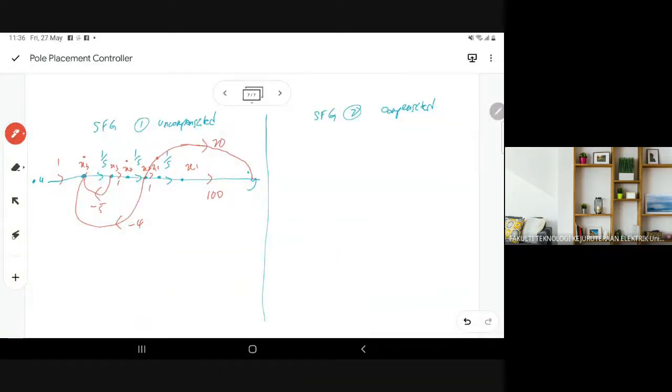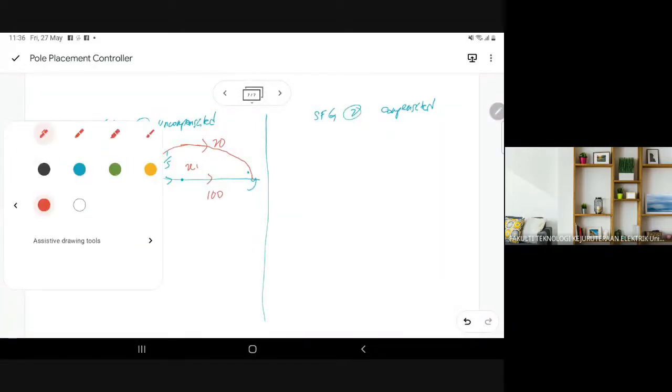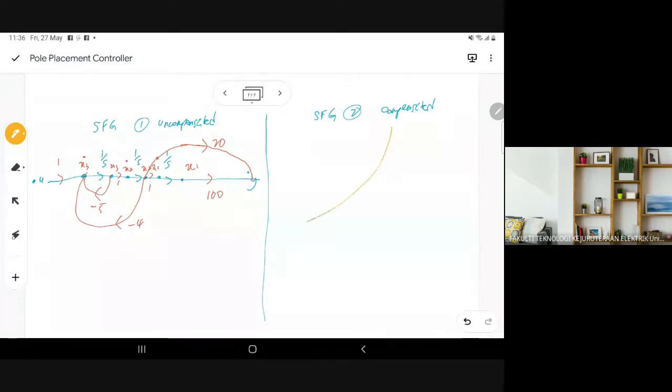So after that, when we apply the pole placement controller, we just need to add the feedback gain. K1 is coming from X1, negative K1. And then K2 from X2 will be negative K2. And then K3 from X3 goes to here, negative K3.